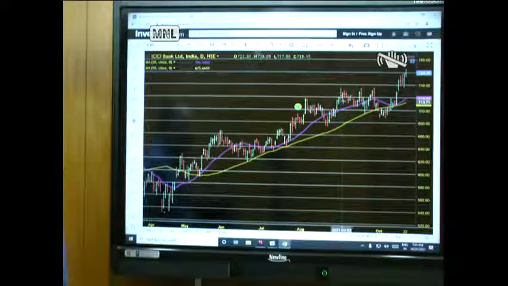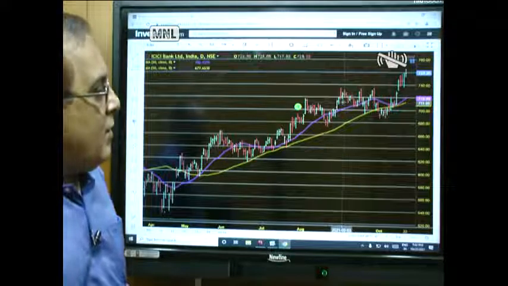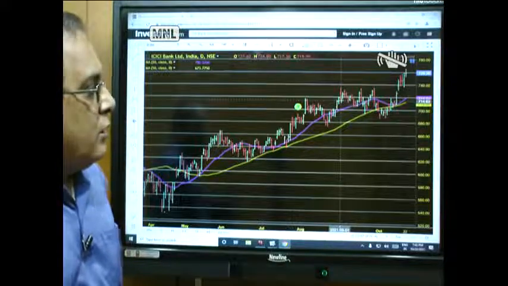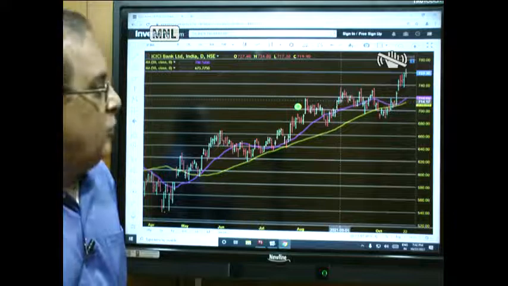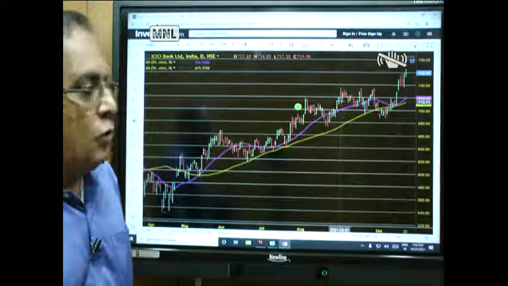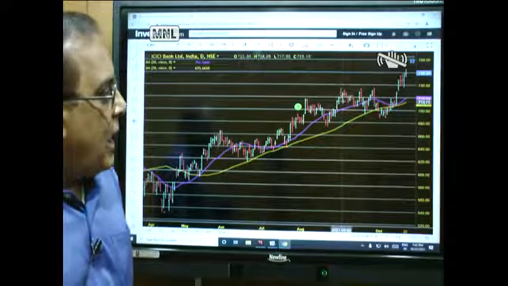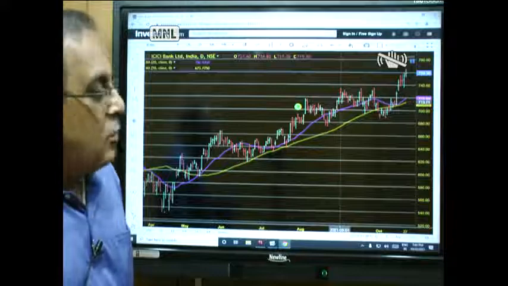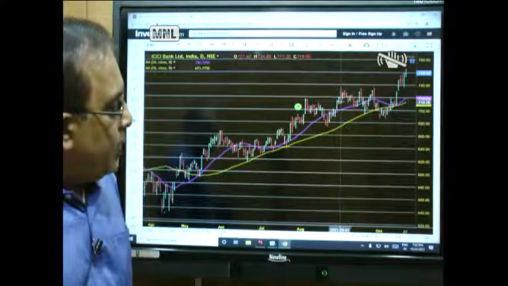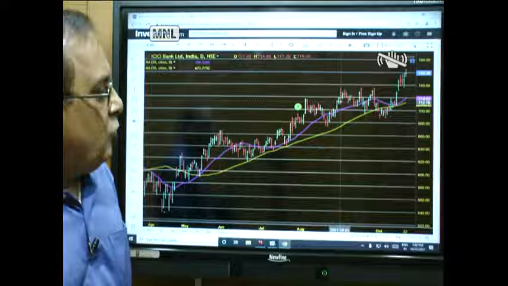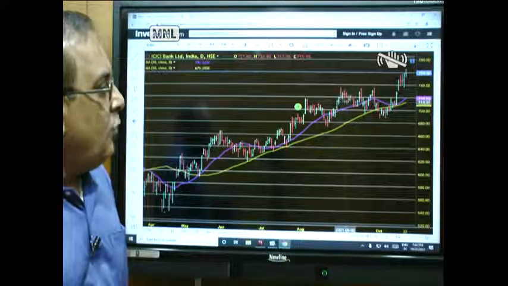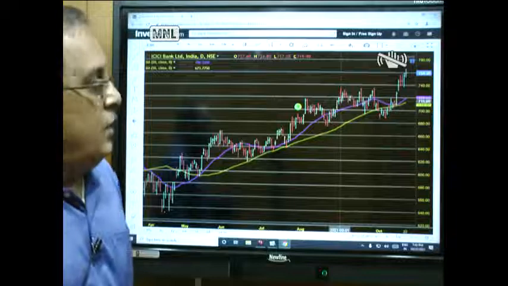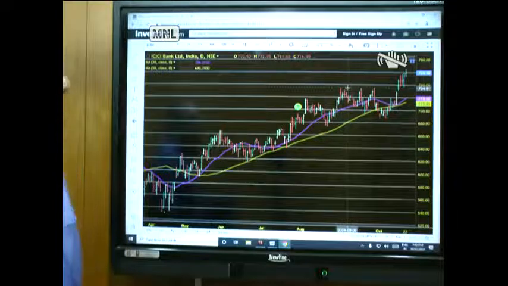A reversal day means the close is below the open, and you also have a close which is lower than the previous day close. But the open was much higher, and it went up, and then it fell down. So that means a good amount of resistance has come.